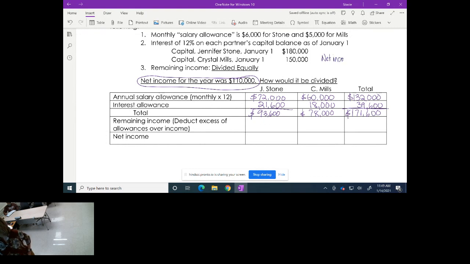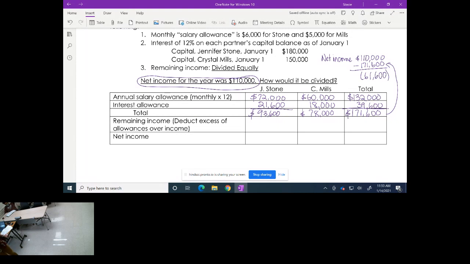So you take the net income of 110 and subtract out what you've already allocated to come up with your remaining income or loss. That's not technically a loss, but you've over allocated at this point, so you've got to even it back up. So what's our difference here? If you take 110,000 and subtract, negative 61,600.